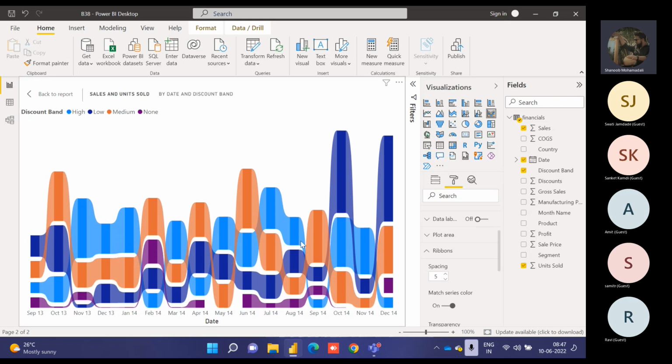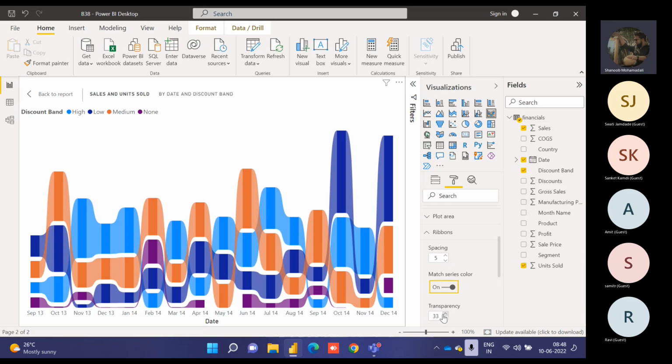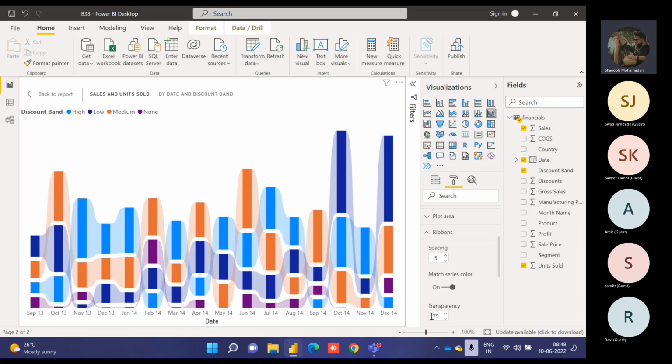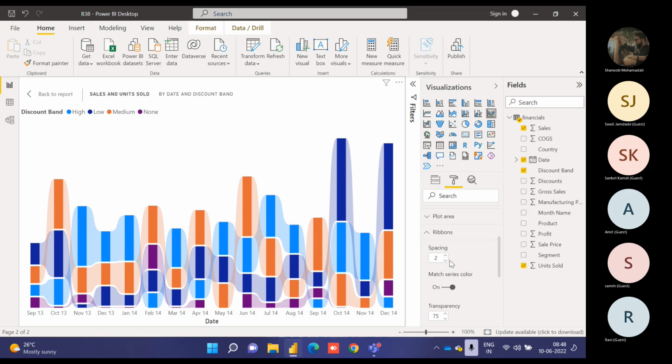If you don't want to match the colors, that means from high to low, low to high, and you don't want the same color shading that the actual bars have, you can make it like this. Everything will go green. You can increase or decrease the transparency. Even like this, let's say increase it to 75%. This is how you can see it.